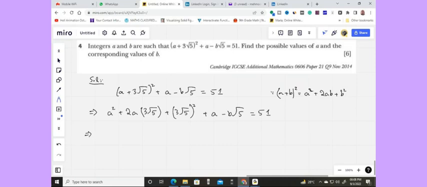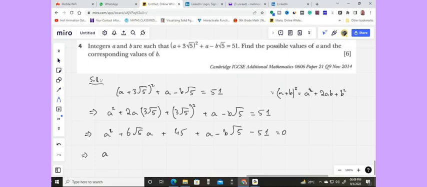Now it's going to be a square plus 6 root 5a, plus, once I apply square on 3 root 5, what is it going to give me? 9 times 5, which is 45. So it's going to be 45 plus a minus b root 5. How about if I just bring this 51 over here, like that.